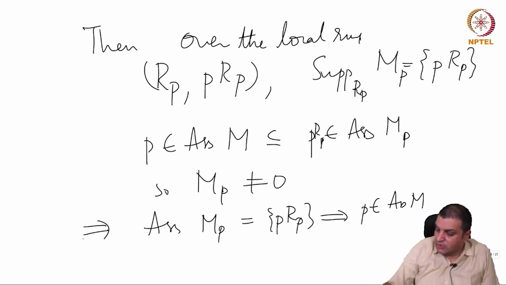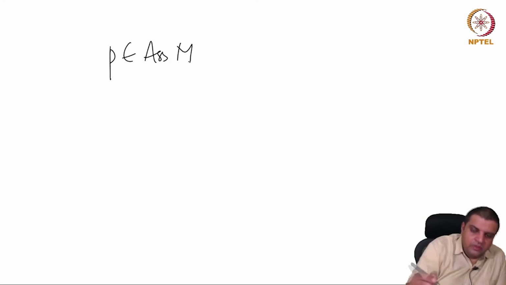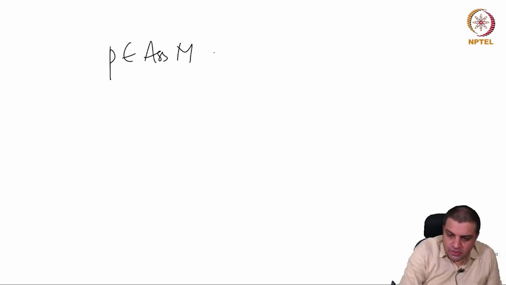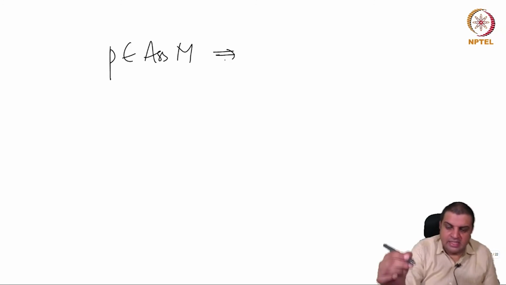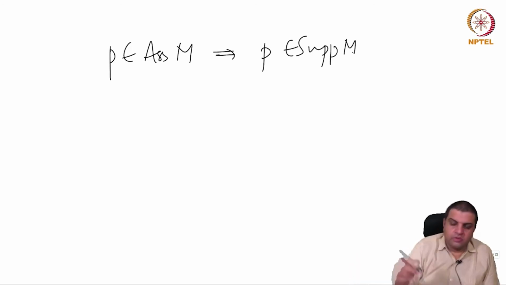Okay, so now this proves that minimal primes are associated, and we just observed the other inclusion in the proof of the previous step itself. But let me just clarify this. If P is associated to M, this implies that P is in the support of M. Okay.